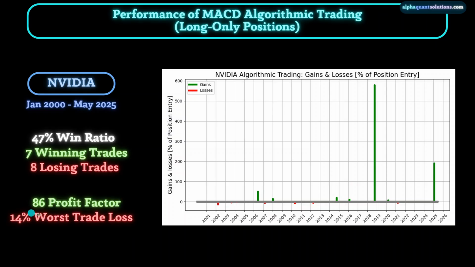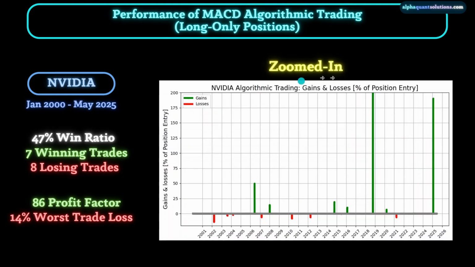And as we just mentioned, we have a huge profit factor of 86. So astonishing results, but obviously the Nasdaq and NVIDIA are quite correlated to some extent. Yet this is quite interesting to see already.